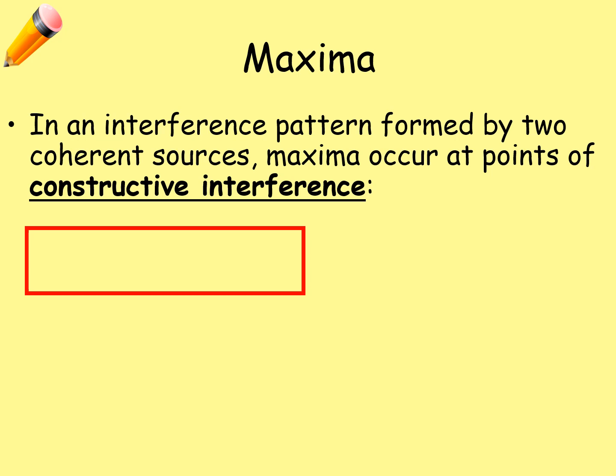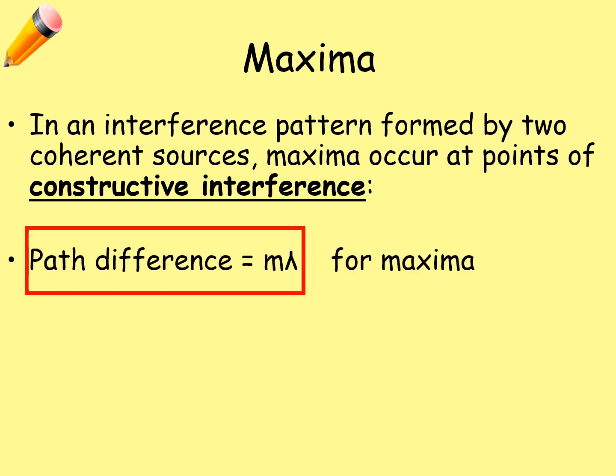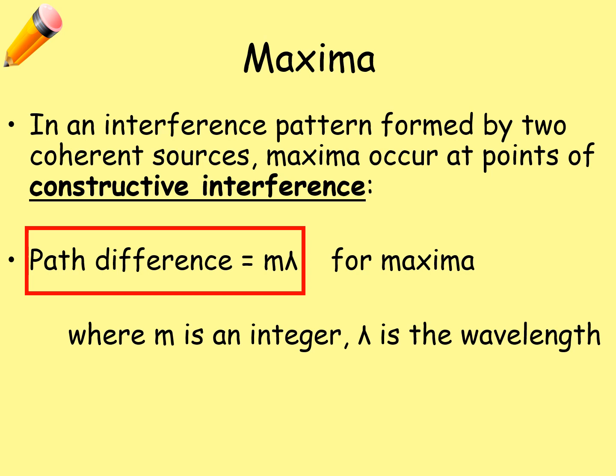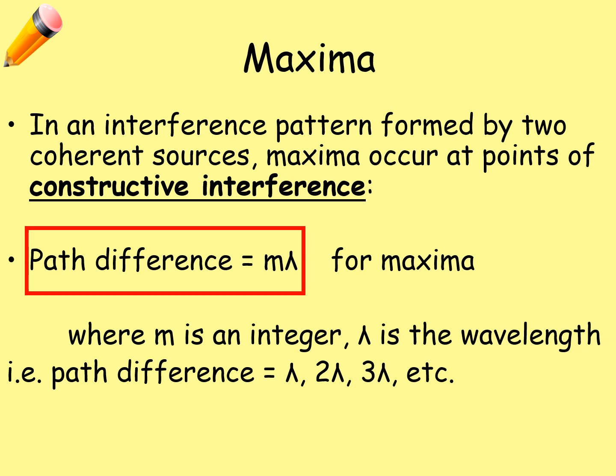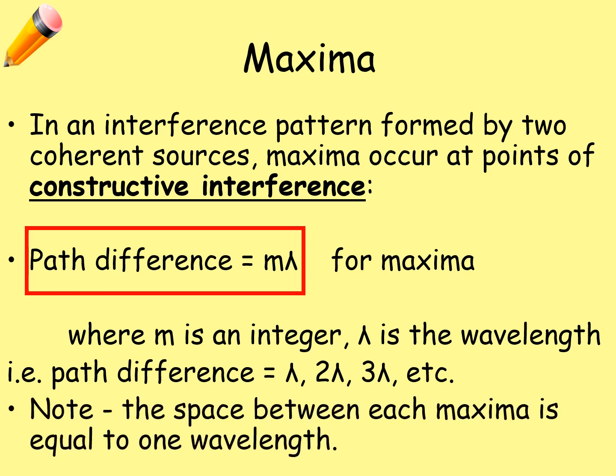Remember the rule for this: path difference equals m lambda for a maxima, where m is an integer and lambda is the wavelength, i.e. path difference is lambda, 2 lambda, 3 lambda, etc. Note that the space between each maxima is also equal to 1 wavelength, though this isn't specifically required for the higher course.